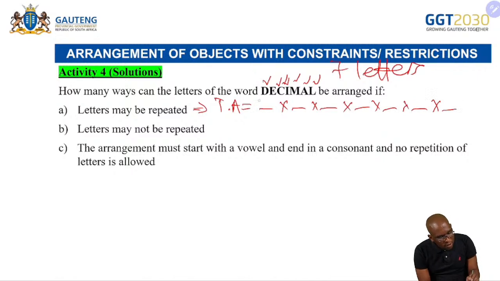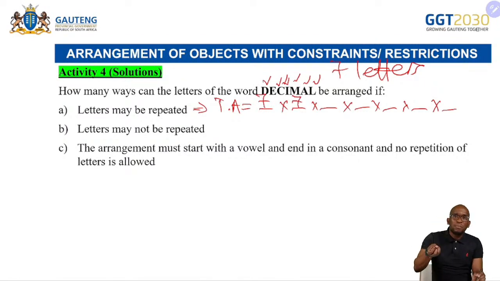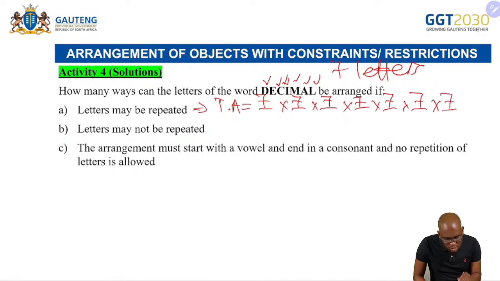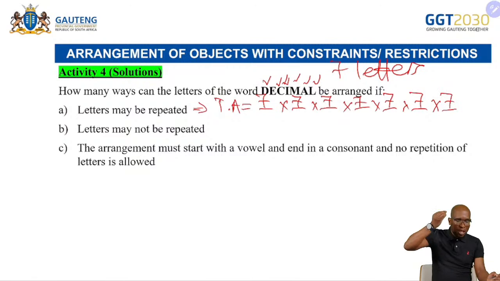So for the first position, we will have 7 options. For the second position, we'll still have 7 options because remember, they are saying letters can be repeated, which means if you started with D, you can use a D again. So for the third one, it's still 7 options, and so on, because you can use the letter more than once.